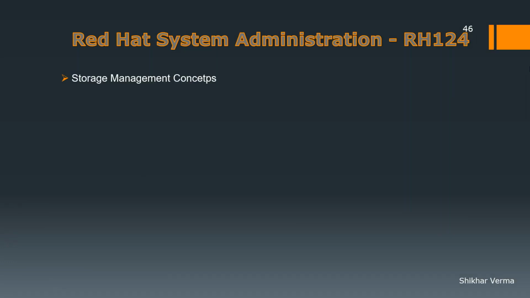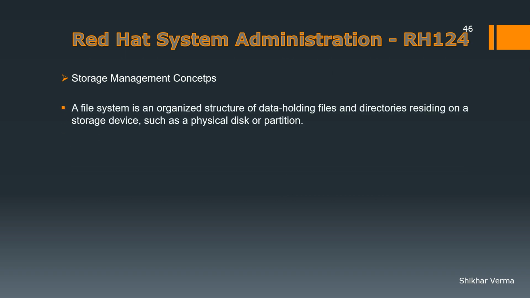The very first thing we are going to understand is the file system. A file system, in simple words, is a logical collection of files or directories on a partition or disk. A file system is an organized structure of data holding files and directories residing on a storage device such as a physical disk or partition.